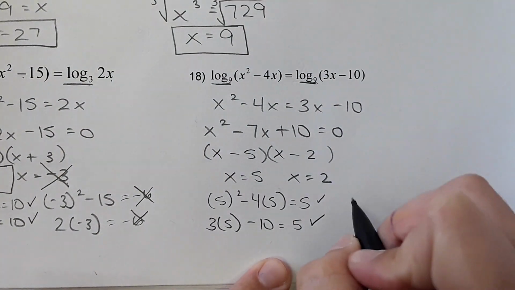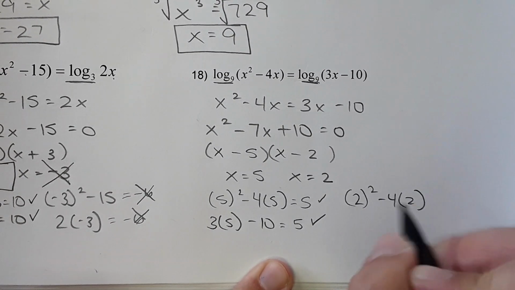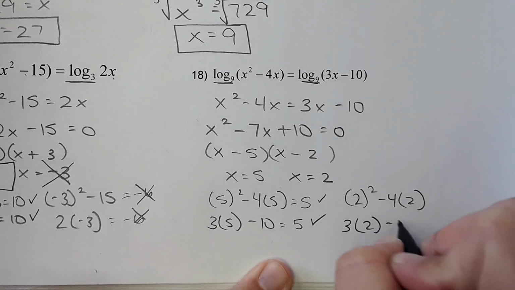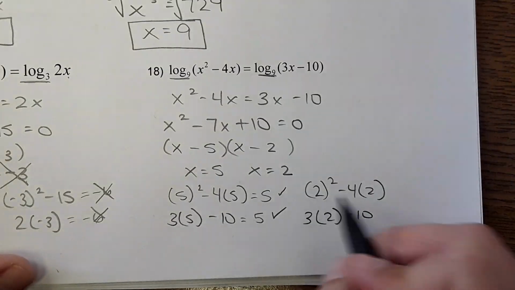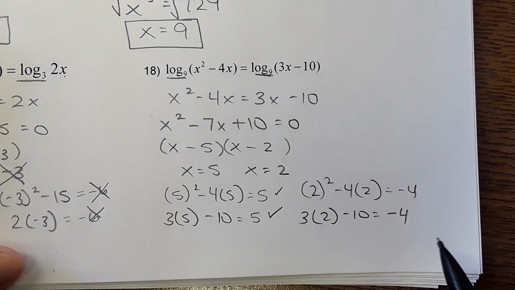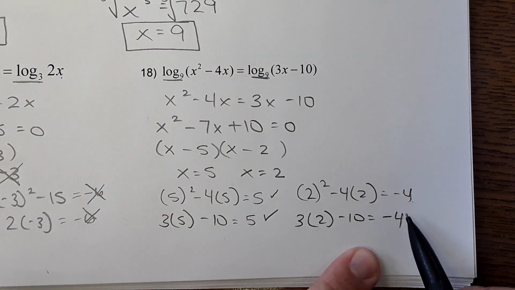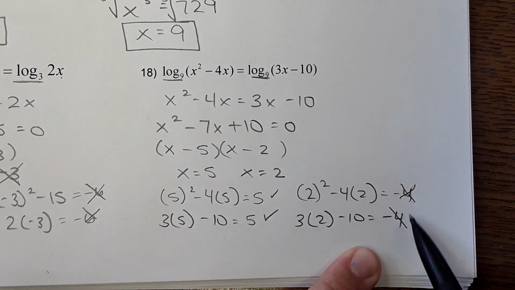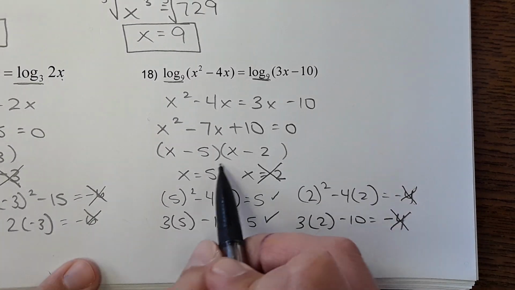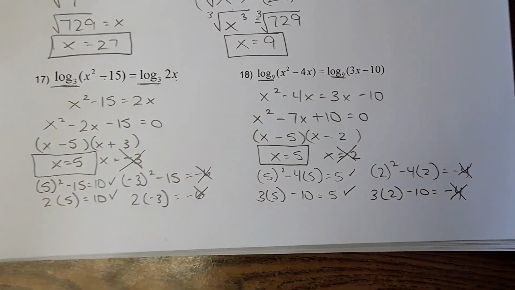Positive, positive. This came out to a negative. So this cannot be a solution, and our answer is x equals 5. And that's that. Getting smart.